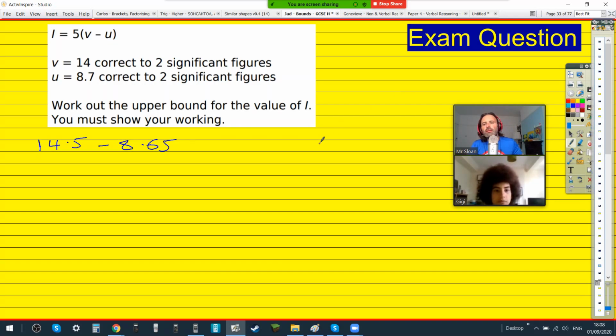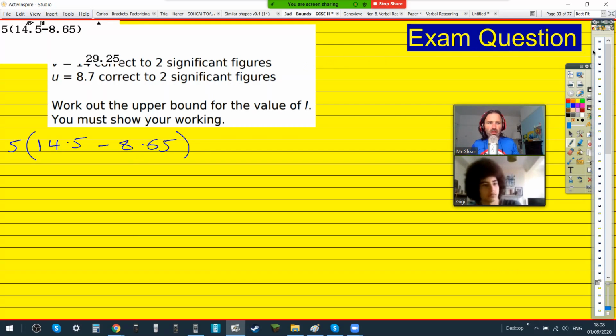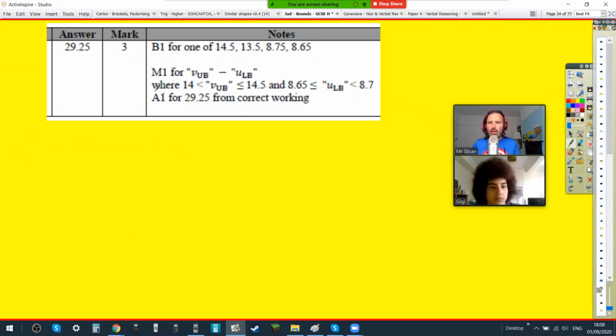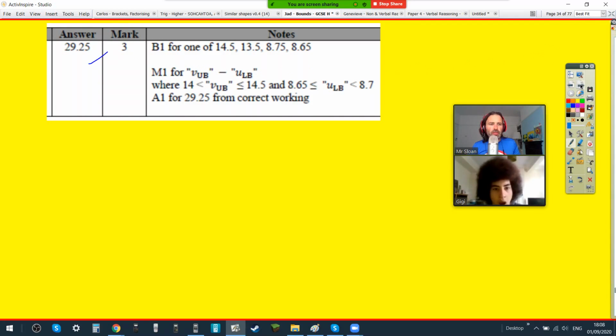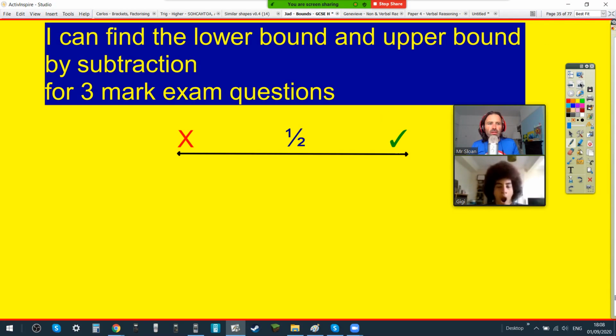Shouldn't be a negative answer. Put this bit in brackets. All right. 29.25. And I got the same thing. 29.25. Three marker. Great. So just watch out for the calculator bit.